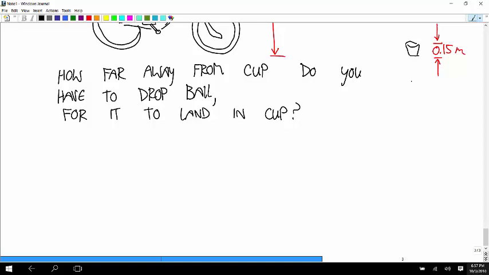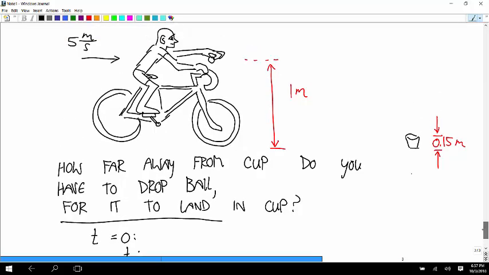Okay, so the first thing we have to do is choose time equals 0, time final, and then the coordinate system, the origin and the orientation. Time equals 0 is going to be when the ball is released.